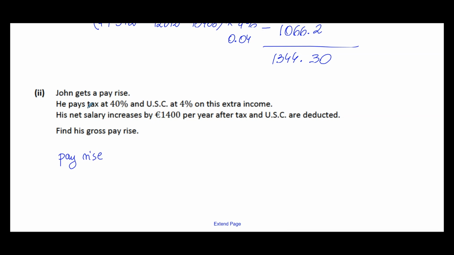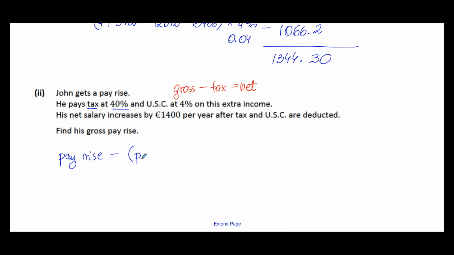Now he pays tax on it. So we understand that normally the way it works, from the gross amount, we will take the tax and therefore we get the net amount. So what are the taxes here from this gross of his pay rise? So 40%. So from that, we're going to deduct.